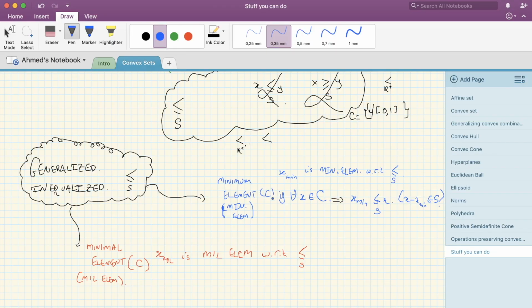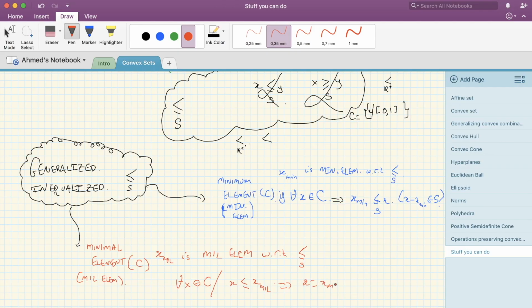If you pick any x in C such that x is less than or equal to x_mil, so if you happen to find another x which is less than your minimal element, then guess what? It has to be your minimal element.